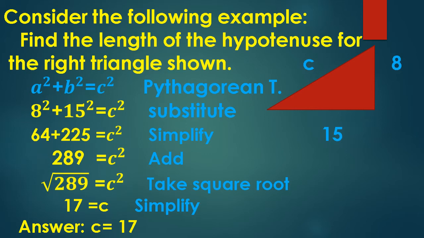So take the square root of both sides. The square root of 289 and the square root of c squared. The square root of 289 is 17 and the square root of c squared is c. So the answer is c is equal to 17, or the length of the hypotenuse c is equal to 17.